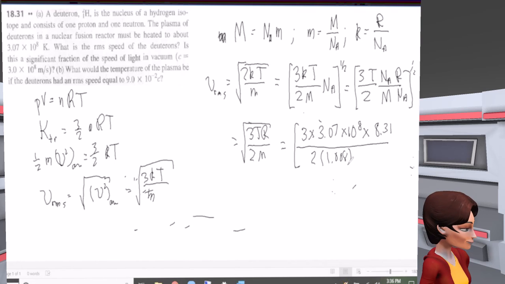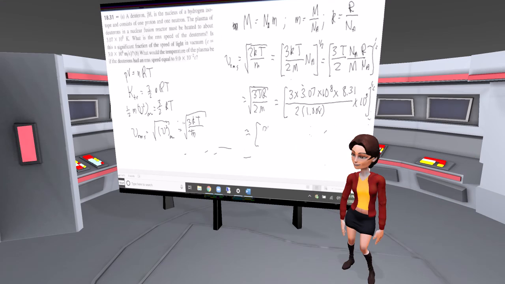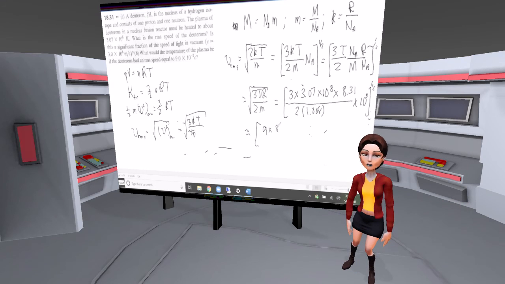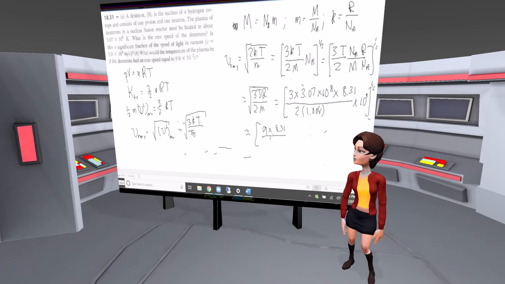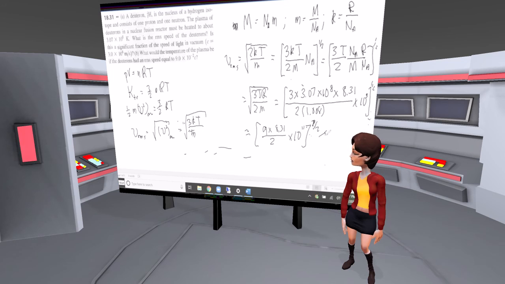Putting that all in, 9 times 8.31 times 10 to the 11, to the 1/2, sorry, and that is about 1.9 times 10 to the 6. There. Should be about right.